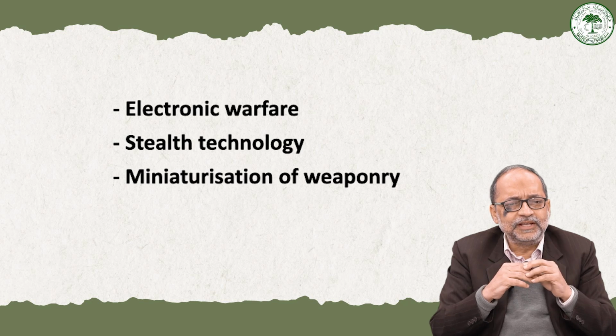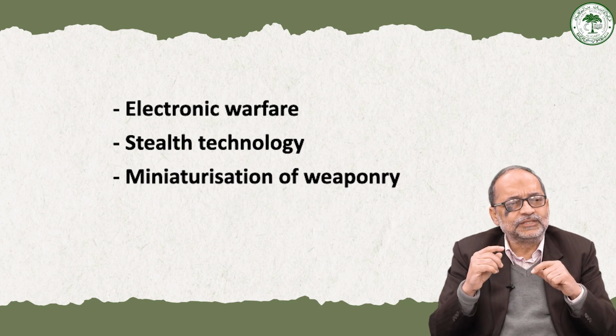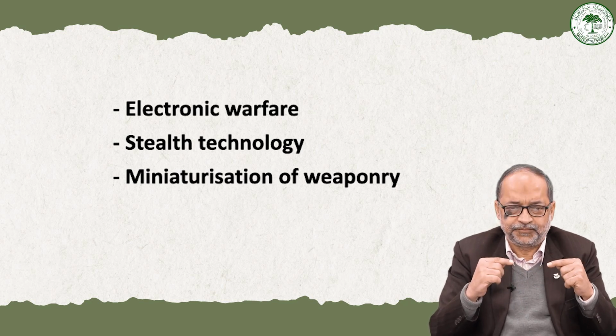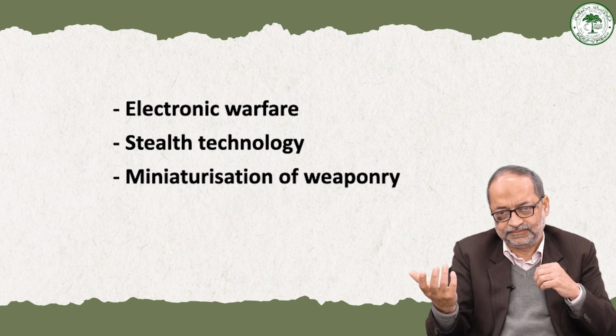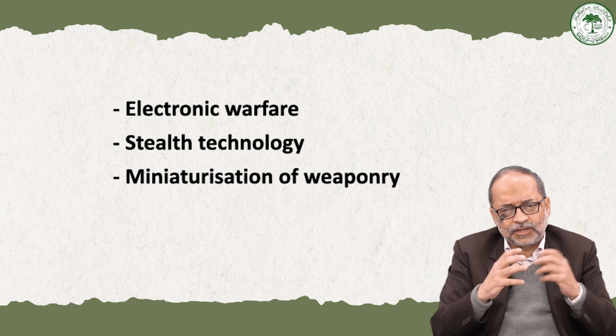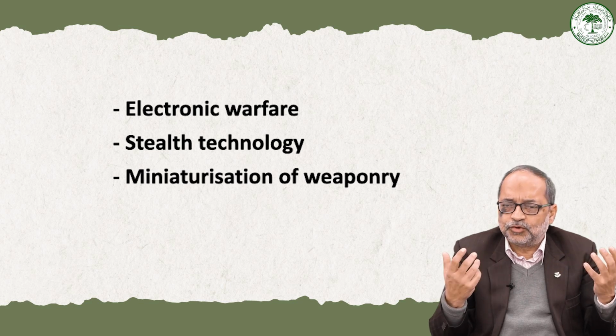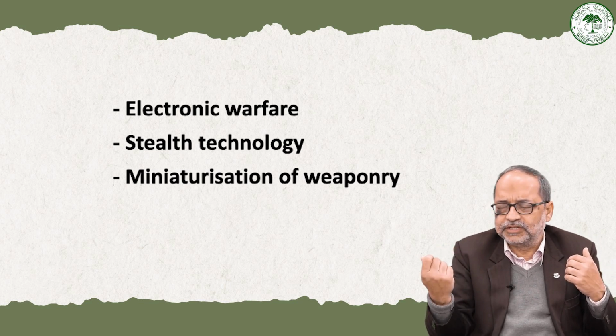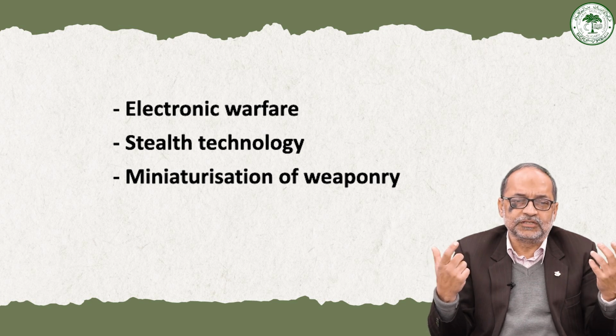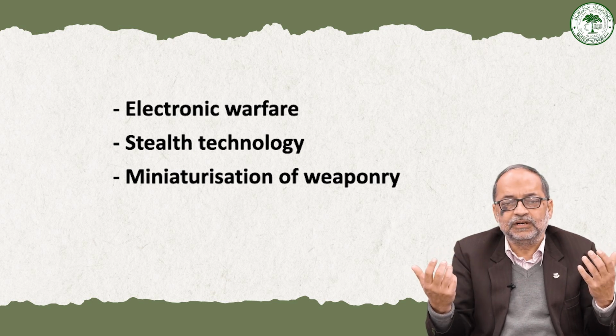Then another important thing is that today there is miniaturization of weaponry. So weapons are getting smaller and smaller and even cheaper. So sometimes, for example, an infantry soldier can fire a shoulder-fired missile costing only maybe $10,000 to destroy a tank worth $1 million.